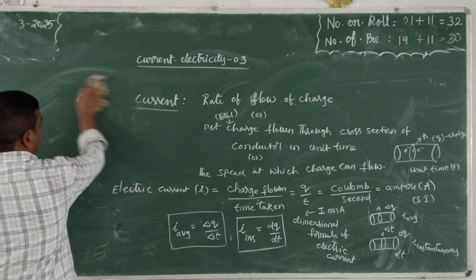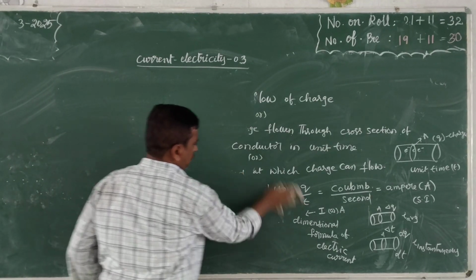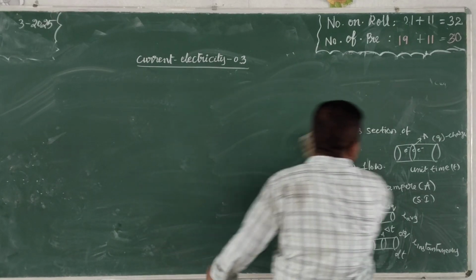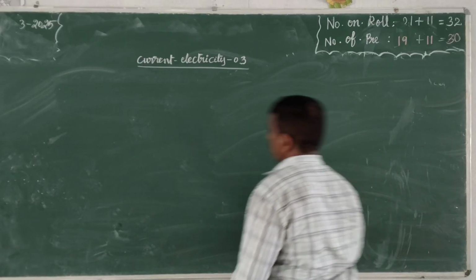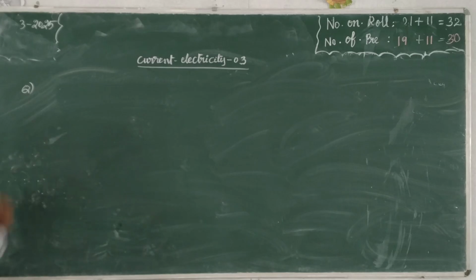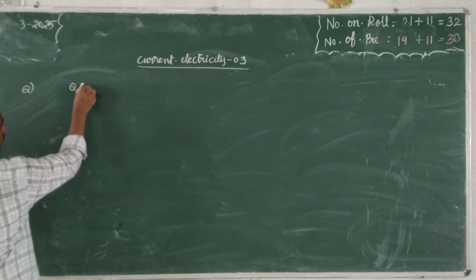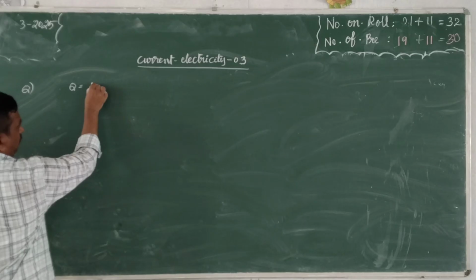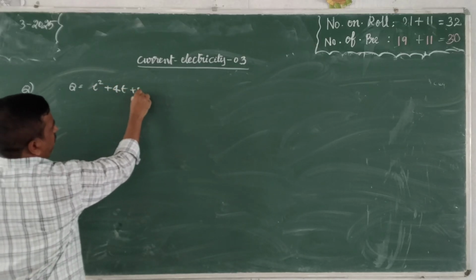See, electric current. I write the first problem here. q equal to t square plus 4t plus 5.